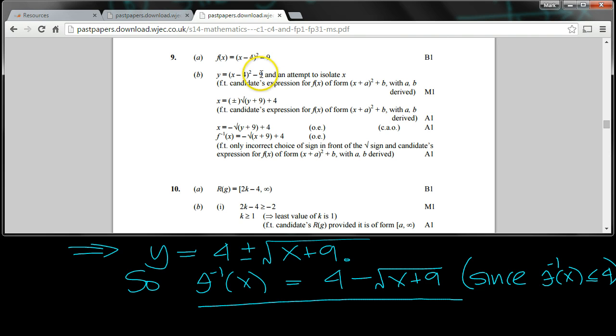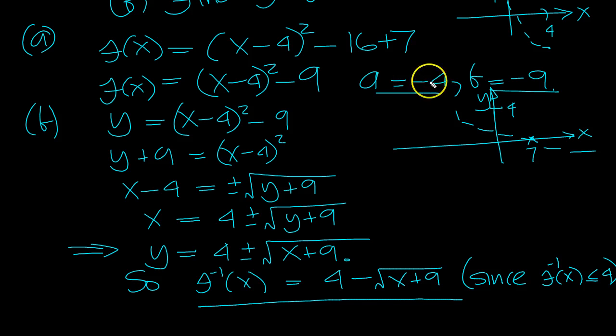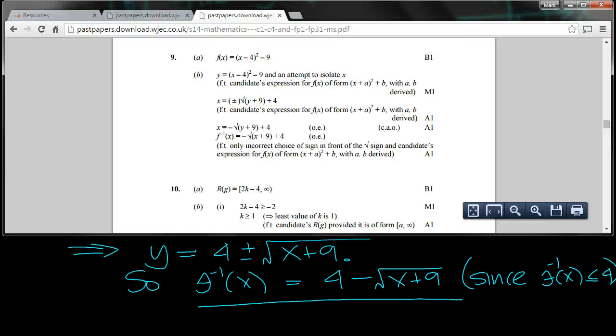X minus 4 squared minus 9, so A is minus 4 and B is minus 9, which is what we had. And the inverse function, f to the minus 1 has to be minus. Okay, good.